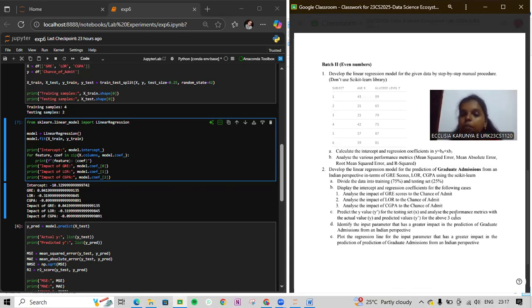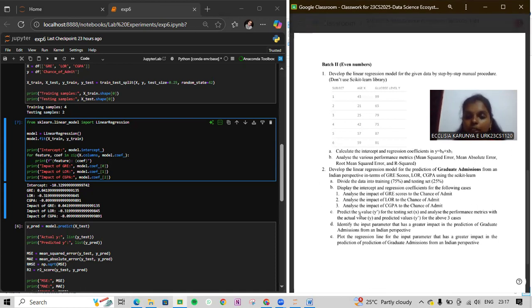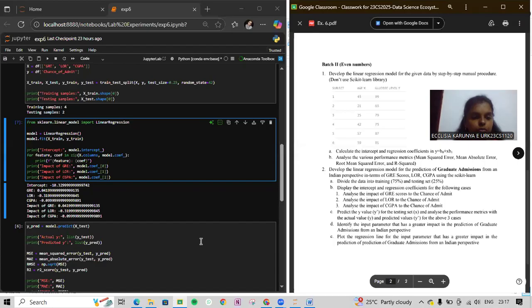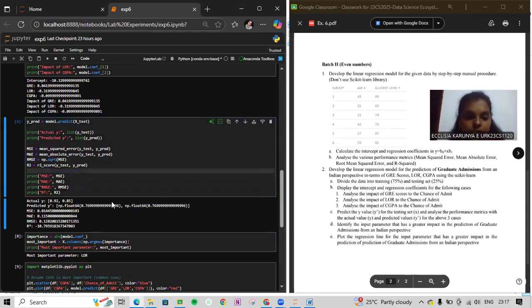The third question is to predict the Y value, that means y dash, for the testing set X and analyze the performance metrics with the actual value y and the predicted values y dash for the above three cases. We are going to predict and measure the performance. So we are going to use the model to predict the chance of admit for the test data. Then we need to compare the predicted values with the given actual values.